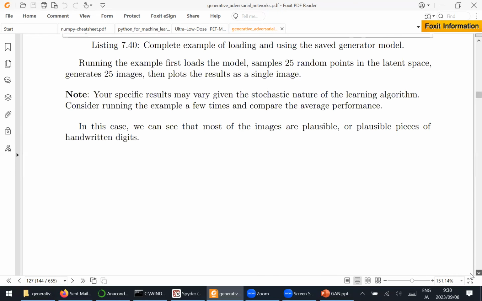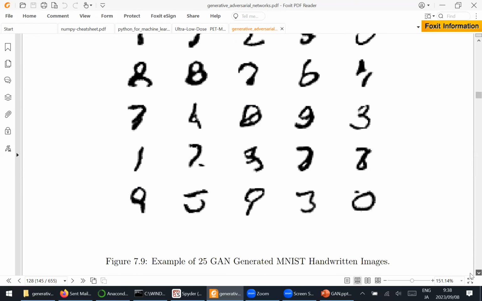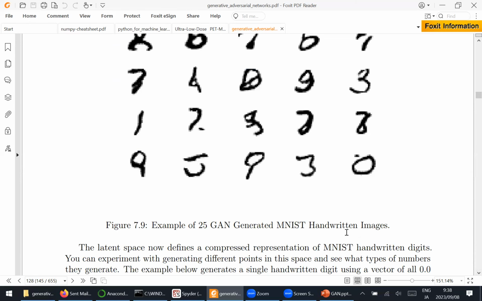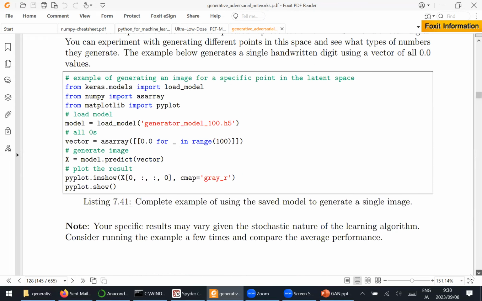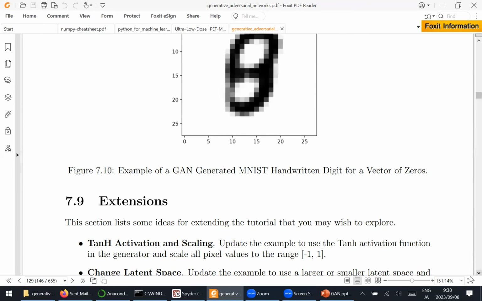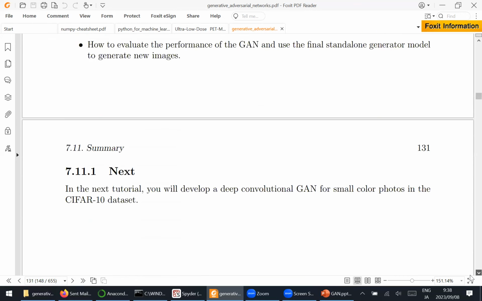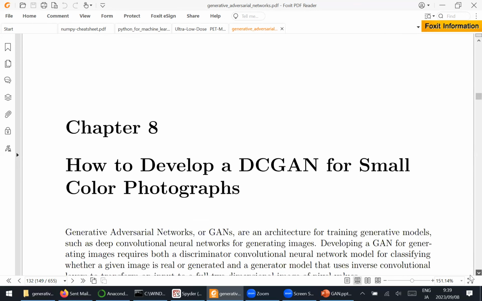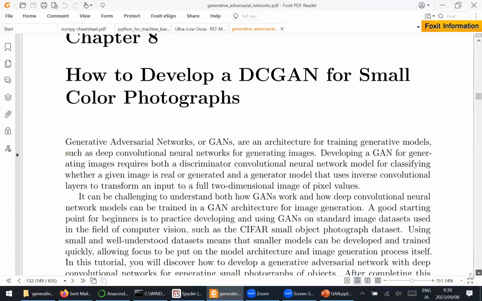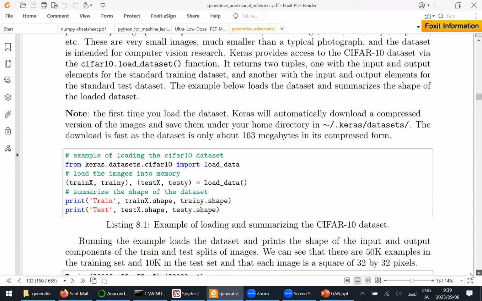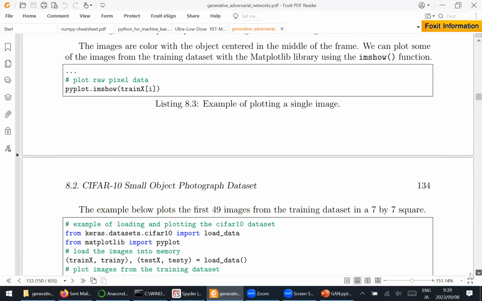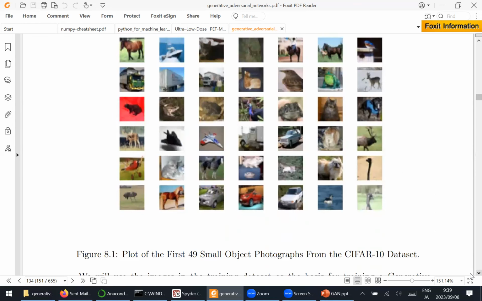So come down. These are generated. So the next gets a little more interesting. What about photographs? Yesterday we saw this, what's it called, CIFAR, these photographs.